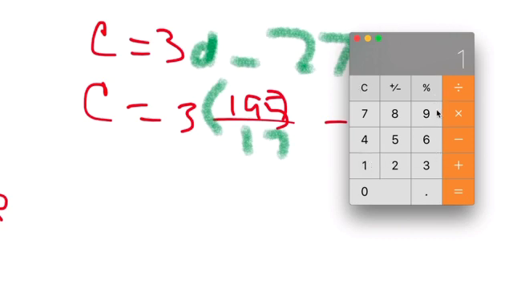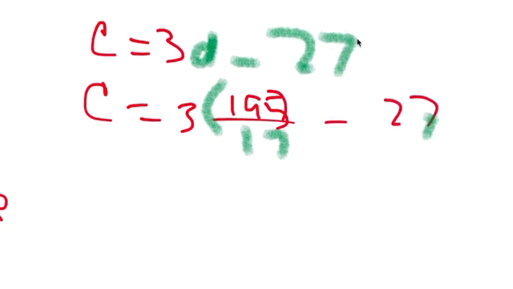What is 195 divided by 17 going to give you? 11 point something. So, multiply that. Too tired, guys, to do this.